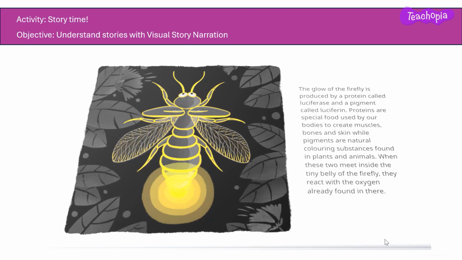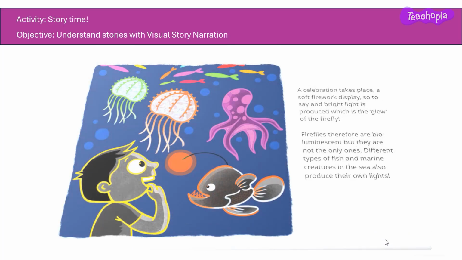When these two meet inside the tiny belly of the firefly, they react with the oxygen already found in there. A celebration takes place, a soft firework display. So to say, the bright light is produced, which is the glow of the firefly.